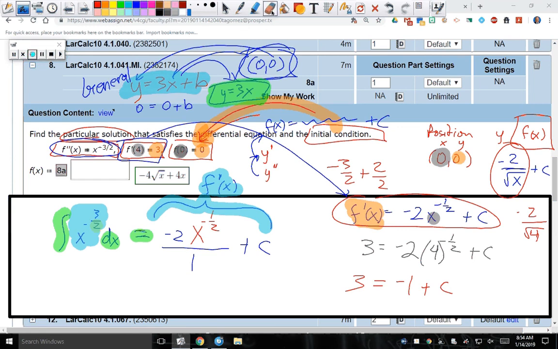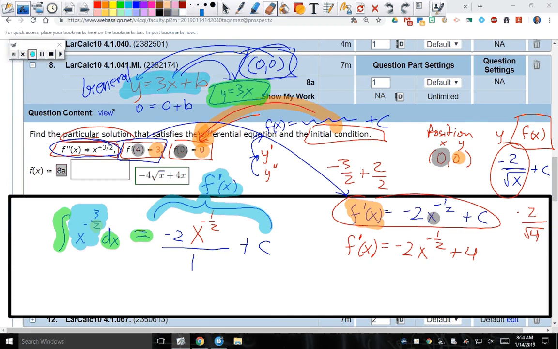And we're going to write that over here as, let me make some room. Now that we know our c value, we're going to say f prime of x is equal to this negative 2 x to the negative 1/2 plus 4. Okay? From solving that c value.